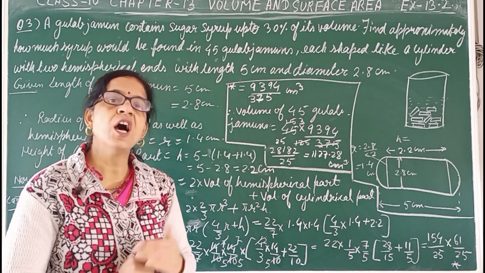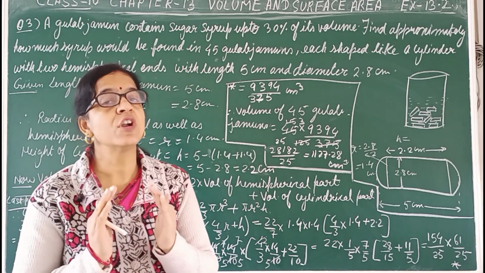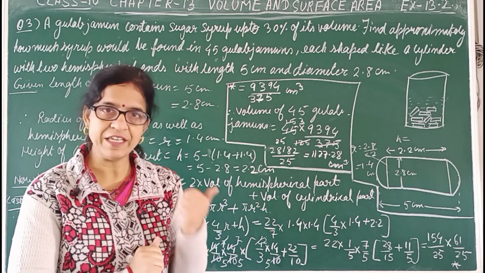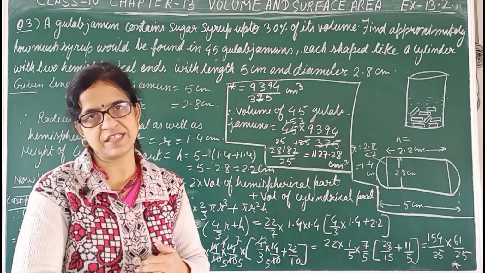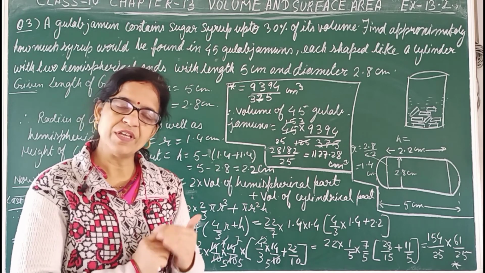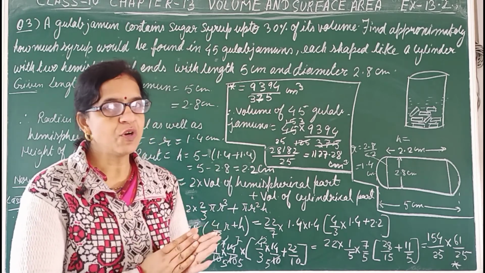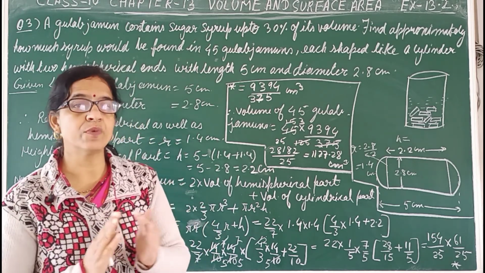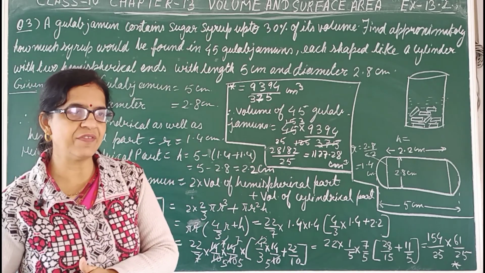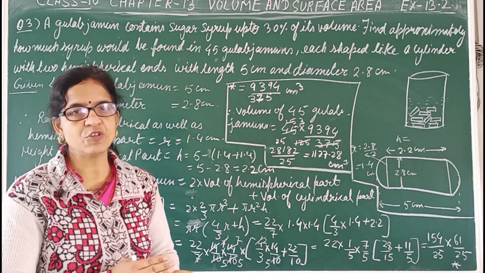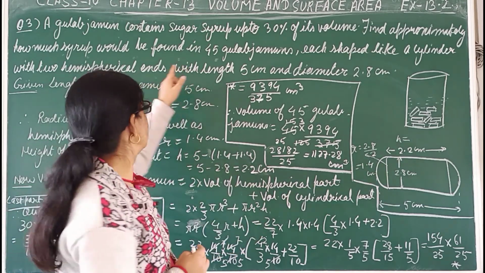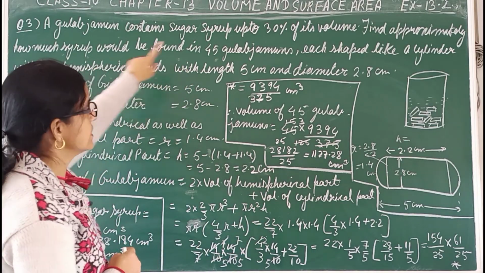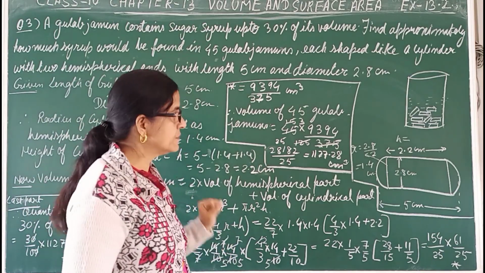The question is asking how much sugar syrup is there in 45 gulab jamuns if a gulab jamun has 30% sugar syrup in it. So actually we have to first find the volume of one gulab jamun, then the volume of 45 gulab jamuns, that is into 45, then 30% of that volume because the sugar syrup is 30% of it. So let us move on.